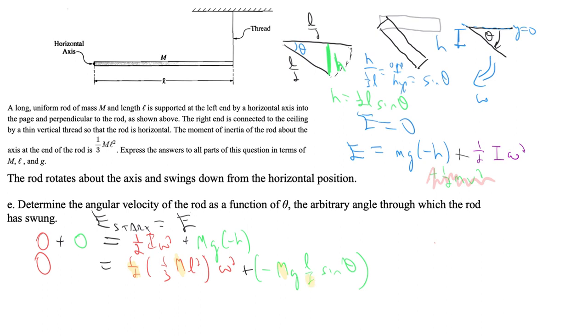And one of the L's cancel out. So we end up with bringing, let's say, this guy over to the other side, or vice versa, however we want to do it. We end up with something like 1/3 L omega squared, and that equals g sine theta, which allows us to eventually say that omega is 3g over L sine theta, all square rooted. And there we have it, all 5 parts.